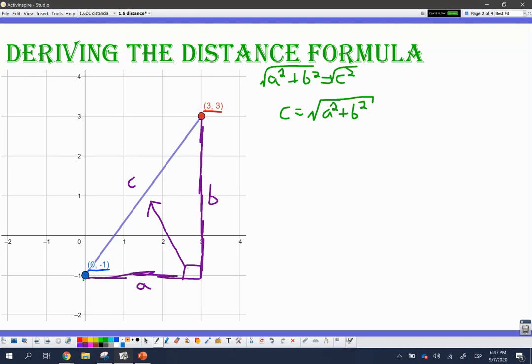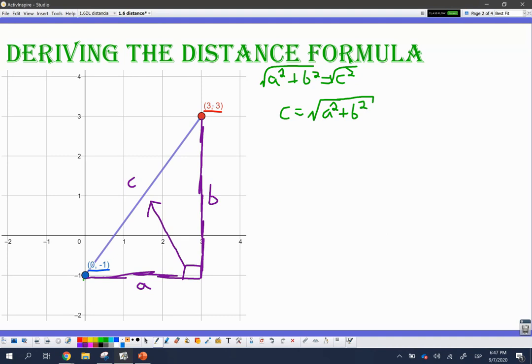So we're actually going to take this a little bit further, and I'm going to ask you the question, what if I don't have the graph? What if I can't count? What if that's not available to me? So we need to figure out how we can use these coordinates to find the distance between them.